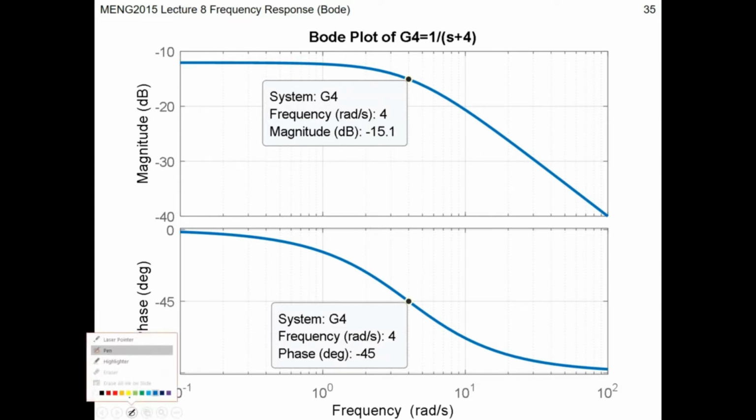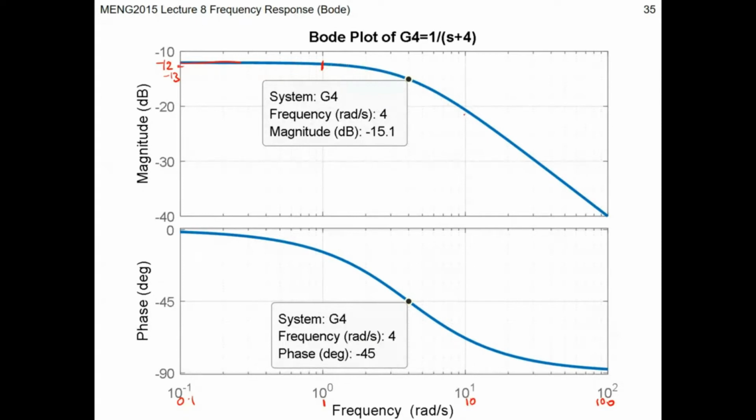The general shape of our magnitude plot is that it's about minus 13. This is 20, so this is minus 13 or minus 12, let's say. As we're going along, when you get to 1, this is 1 radians per second, then 0.1, 10, 100. At around 1, we just started to drop down, so this gives us our minus 13 that we calculated.